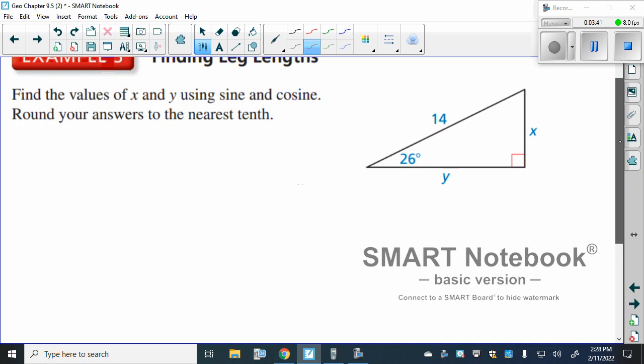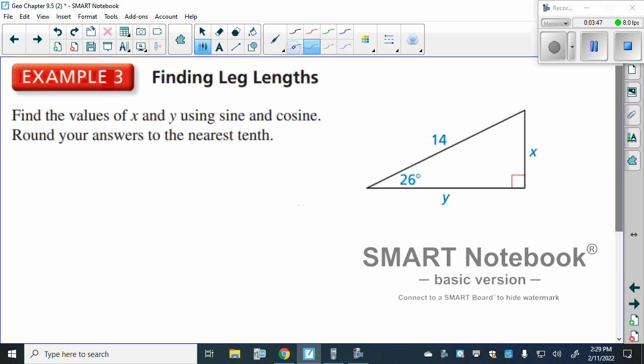Now for this triangle here, they gave us the angle of 26 degrees. If we wanted to use sine, so sine of 26 degrees is equal to what? Well, sine is what over what?